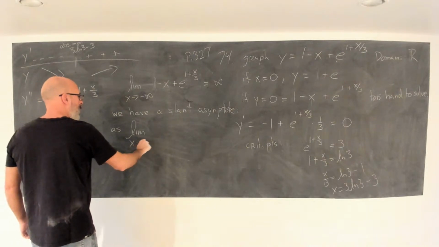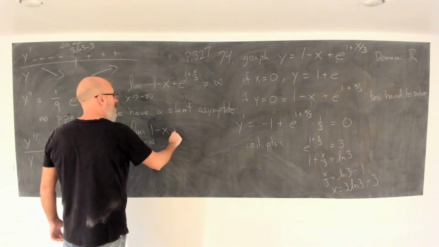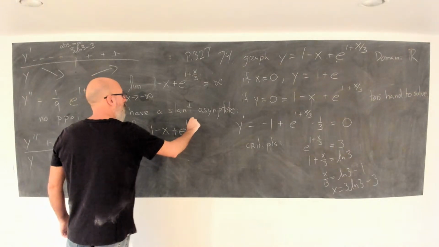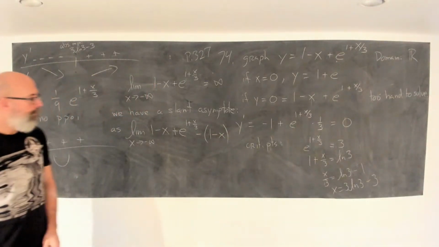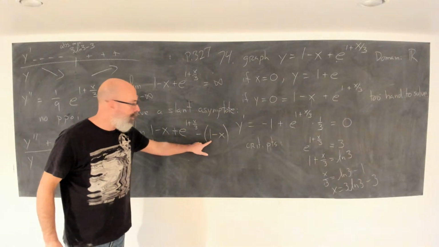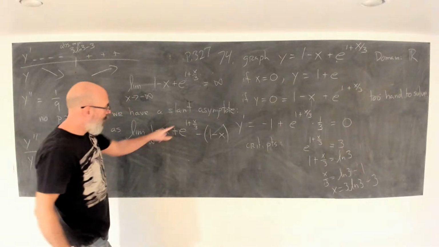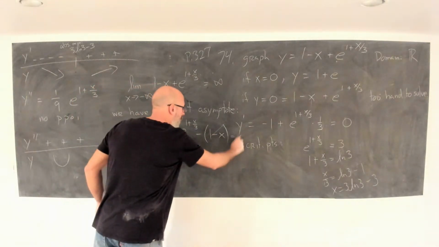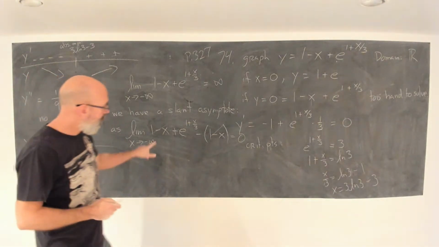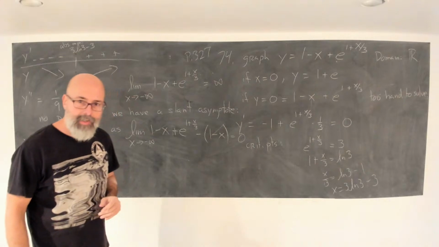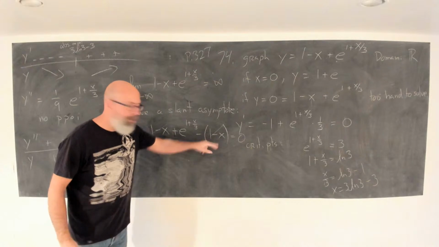Because if you subtract that straight line, if you subtract that mx plus b, these things cancel, and we just saw that this limit was 0. And that's really the definition of the slant asymptote. Your function behaves like this.